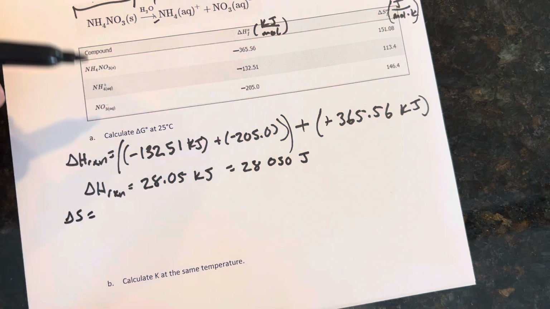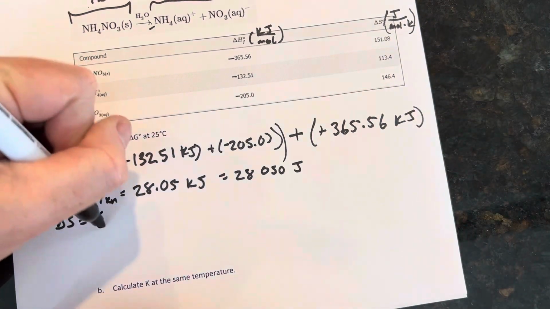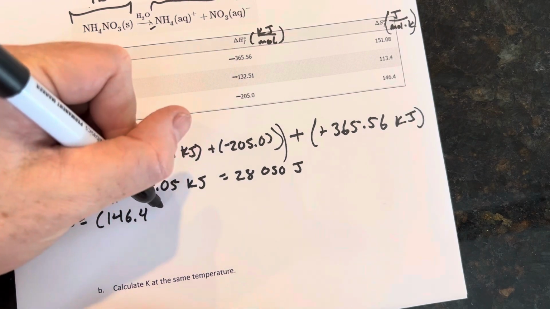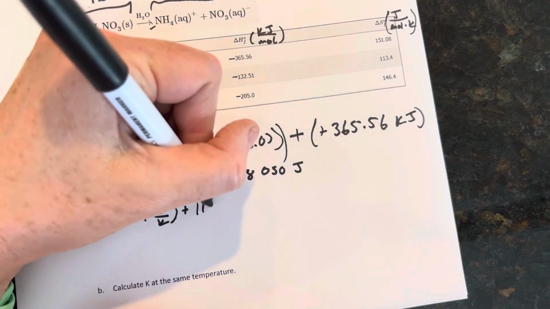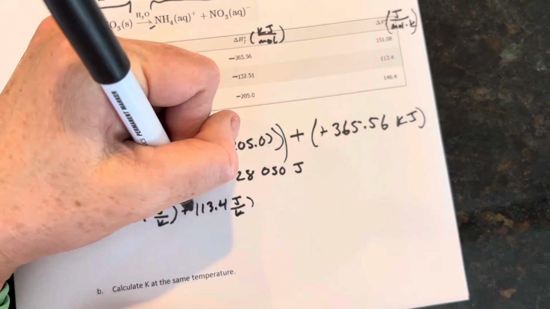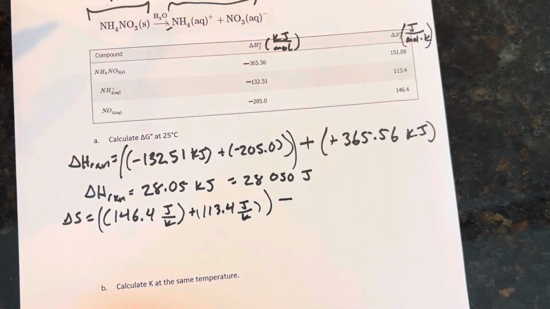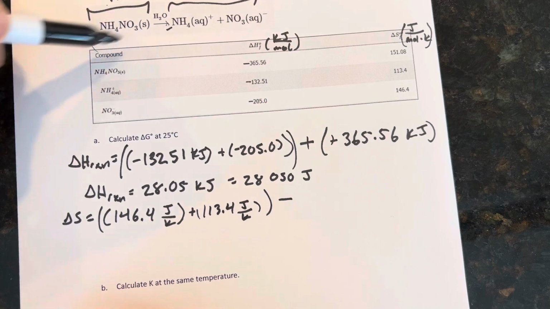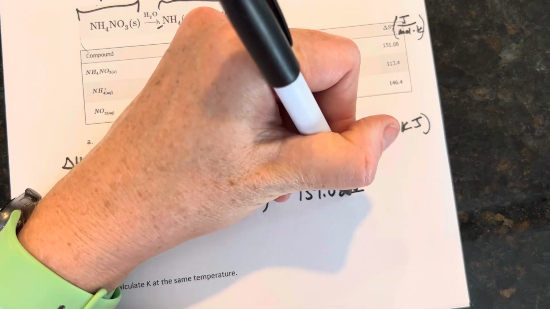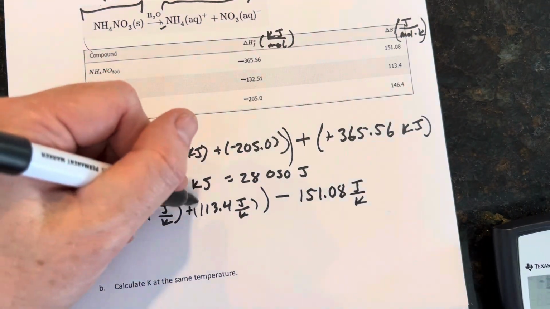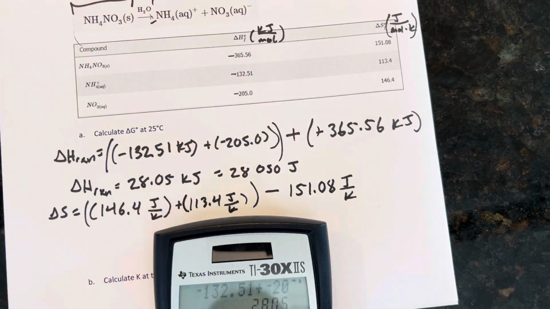Same thing, products minus reactants. So we're looking at this table. We have 146.4 joules per K plus 113.4 joules per K minus our reactants over here, which is 151.08 joules per K. Okay, 146.4 plus 113.4 minus 151.08.